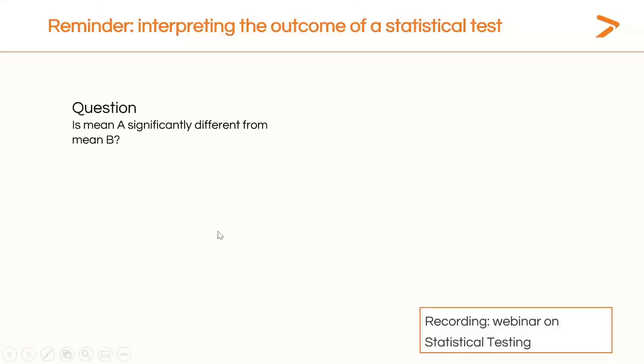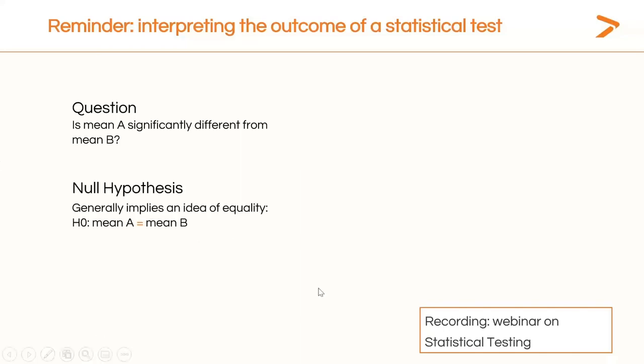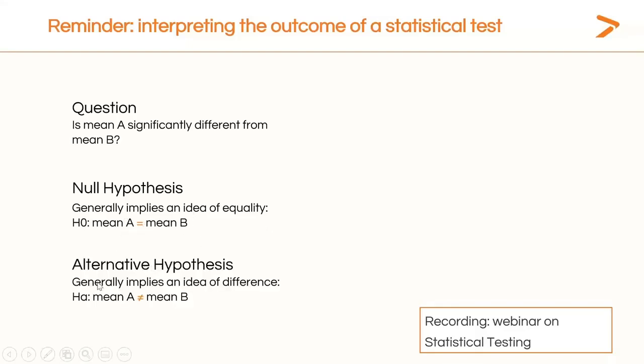Statistical tests involve two hypotheses which are opposite to one another. The null hypothesis, which generally implies an idea of equality, so mean A equals mean B, and an alternative hypothesis, which generally implies an idea of a difference, mean A is different from mean B.